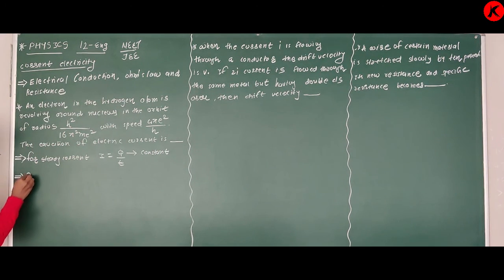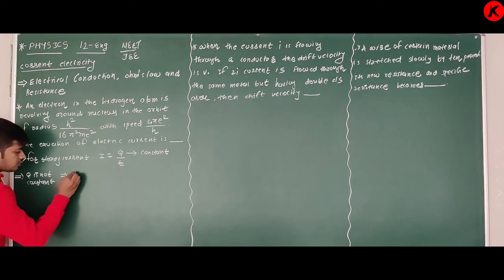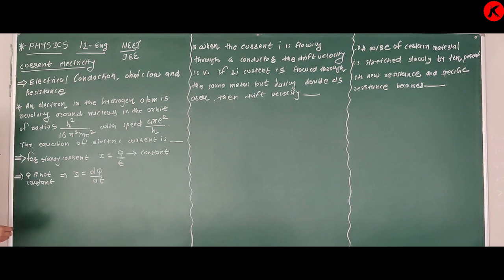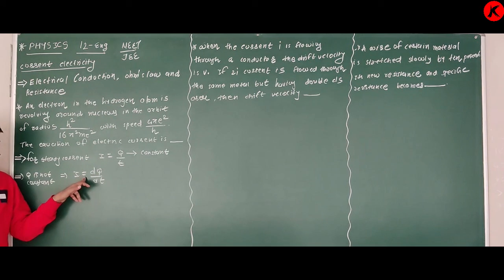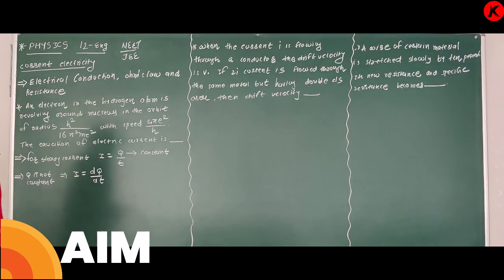Second, when Q is not constant, to solve such questions you have to use the equation I is equal to dQ upon dt. Charge Q flowing in time t. Here I is the rate of change of charge flowing, because Q is not the same, it depends on time.